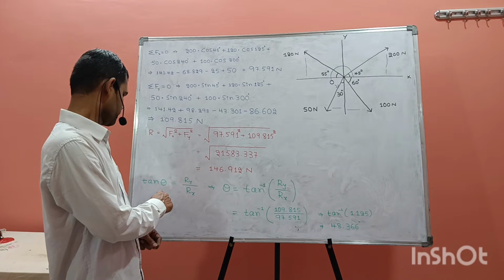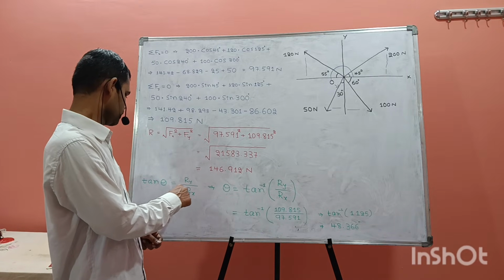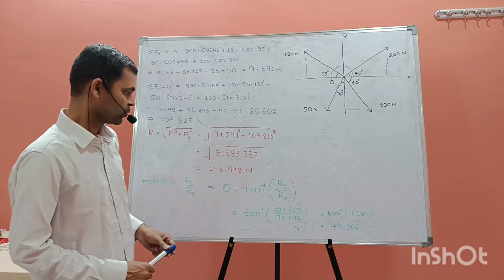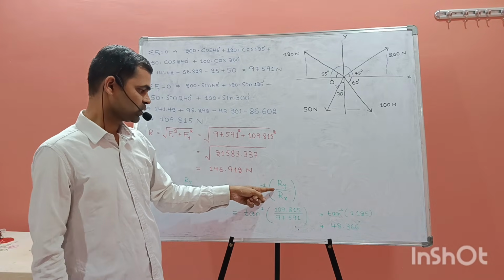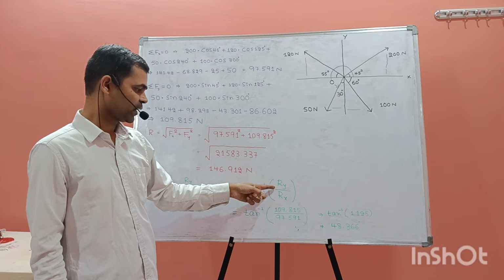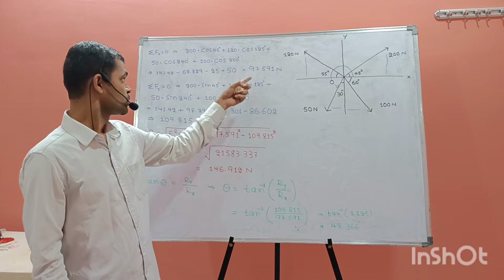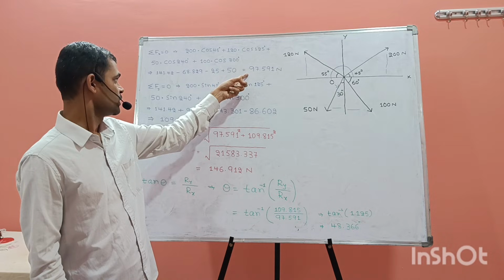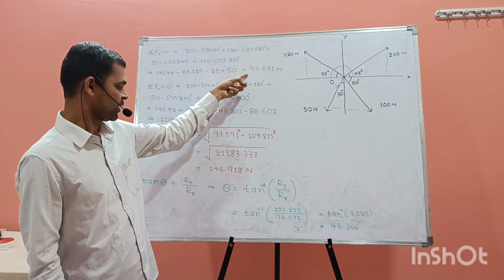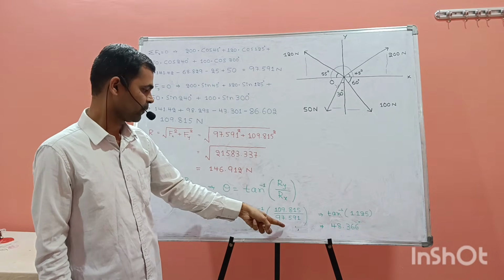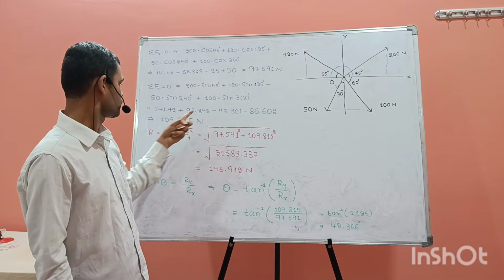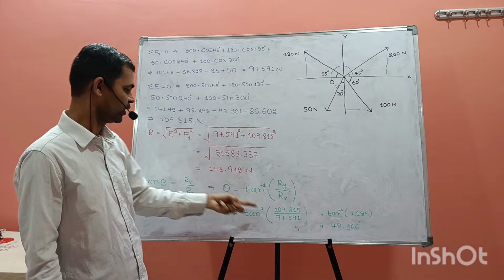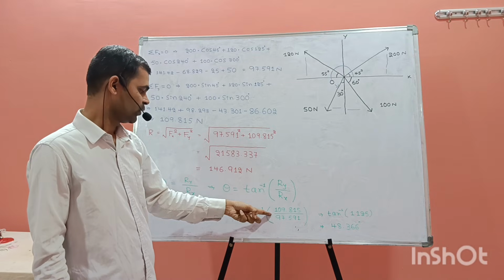To find the angle, we'll use this formula: tan theta is equal to Ry divided by Rx, the resultant forces in the y direction and x direction. We got the resultant force in the x direction 97.591 and in the y direction 109.815 newtons.